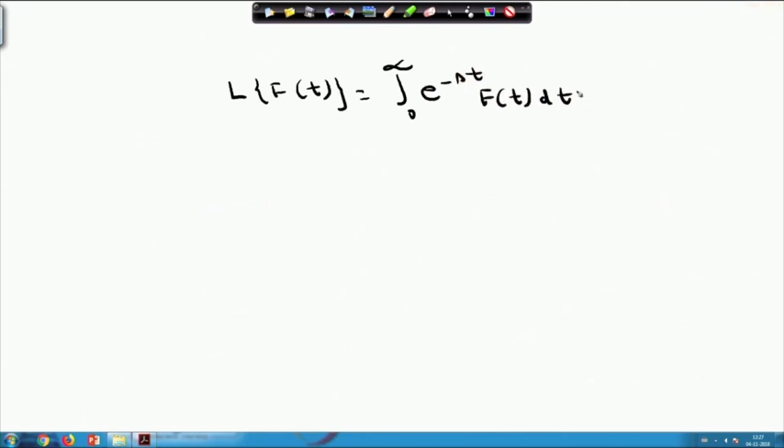If you see now, from 0 to infinity the function is defined in 3 intervals: 0 to 1, 1 to 2 and greater than 2. So, I have to break this integration into 3 parts.